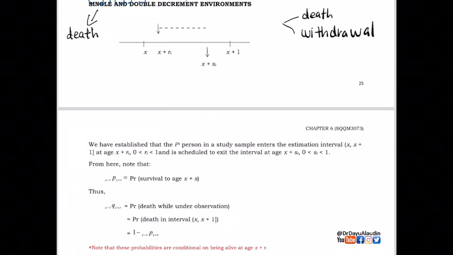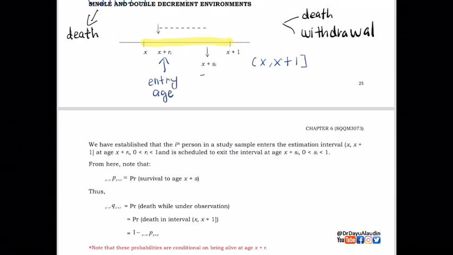So now we also want to cover the interval x to x plus 1. So this is the entry age, x plus ri. This is the exit age. In this case, the entry age and the exit age are between x and x plus 1.